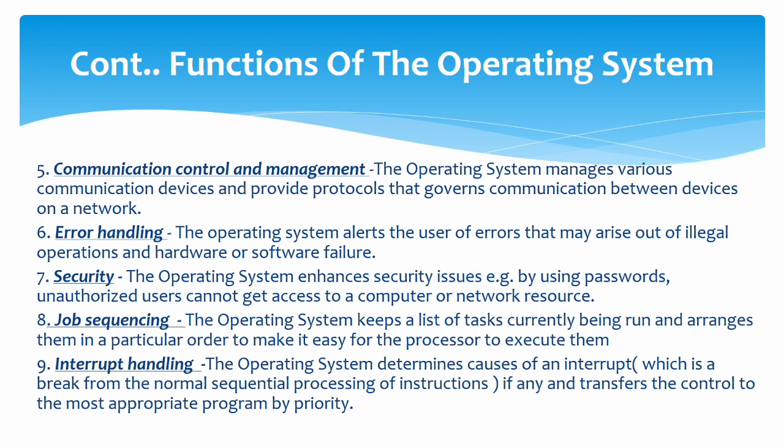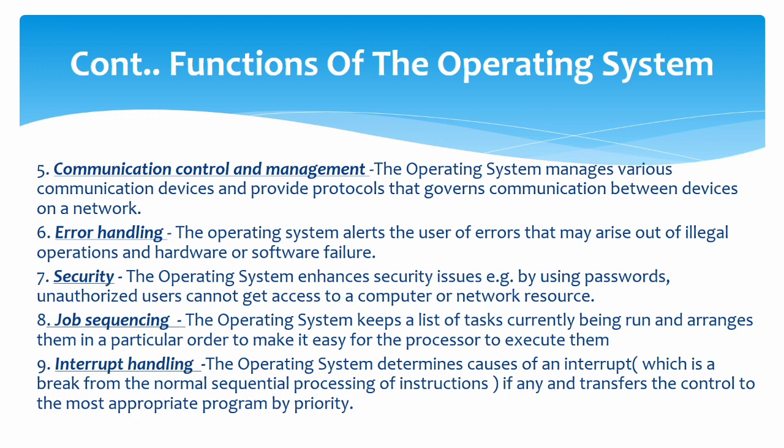So communication between gadgets, various communication devices, is done by the operating system, whether through a network, which could even be wireless, or through cables. It provides a protocol of how signals will move from one gadget to another.